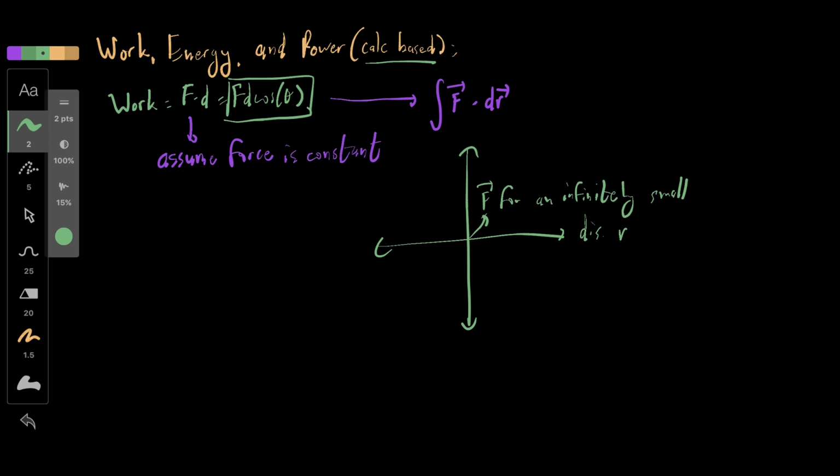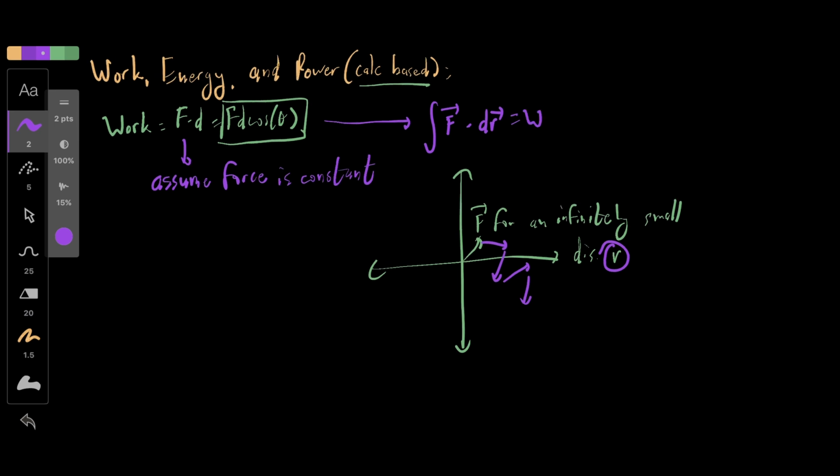So this is at this magnitude and this direction for this infinitely small distance. And then, let's say it changes. Let's say it goes here for the next dr, then here, then here, then here. All of these across these infinitely small distances dr. And when you calculate all of that, then you get the total work.